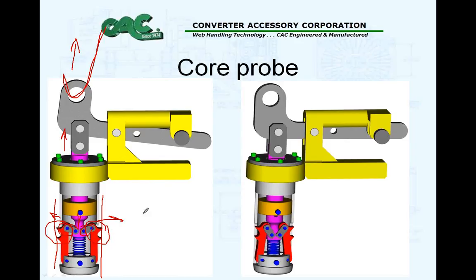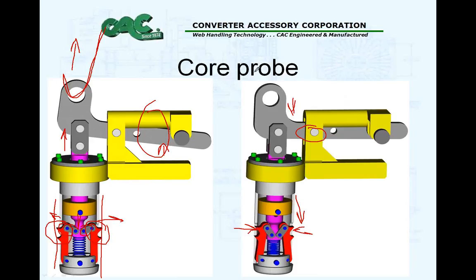To release this particular probe, you grab the handle and squeeze it up, which pushes the shaft down, because here's your pivot point. When you push the shaft downward, the linkages cause the teeth to retract into the probe to release it from the core.